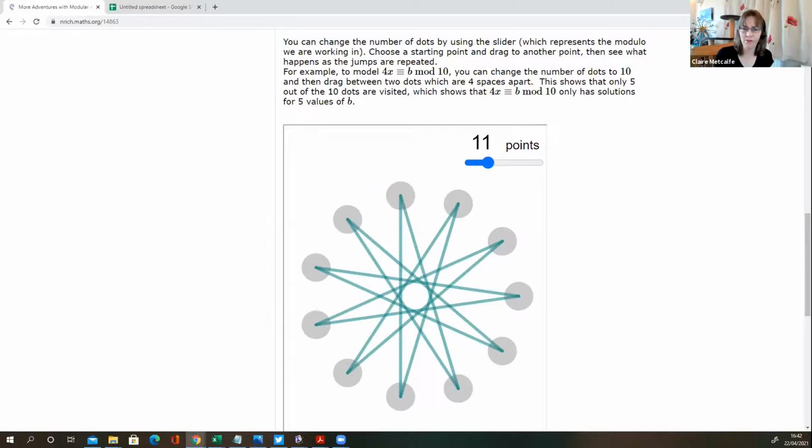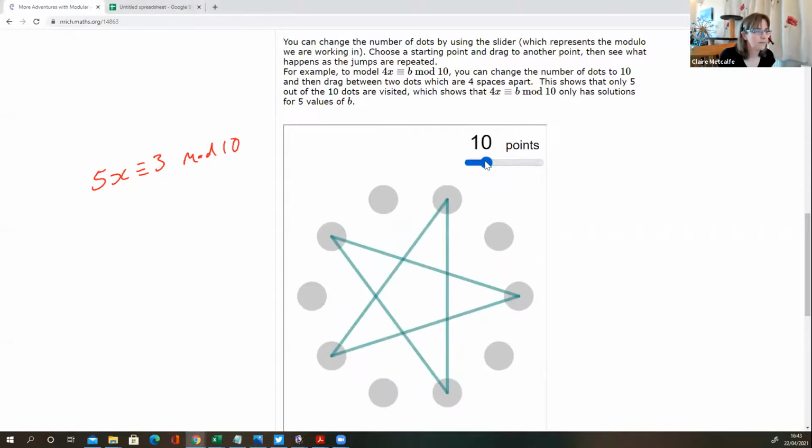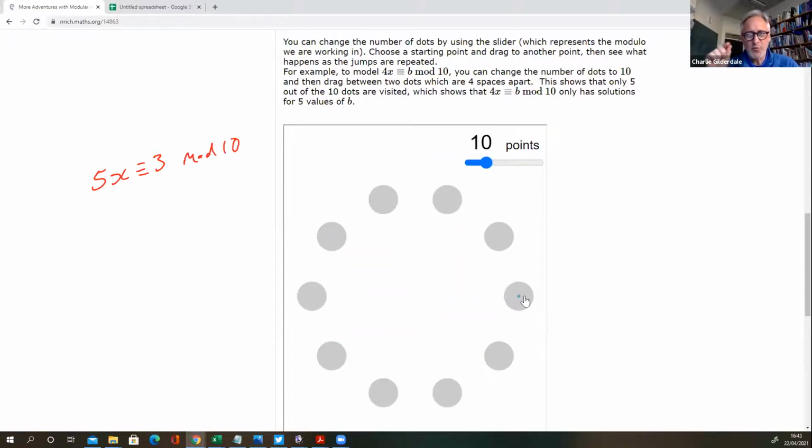Shall I demonstrate this with one more, Charlie? Let's do 5x equals 3. I've lost my drawing. Oh yes, 5x is a nice one to do. Yes, in mod 10. So if I go back to 10 points, the number of points represents the mod, and the number of gaps between where you start and where you take your first step is the multiple of x that we're talking about here.